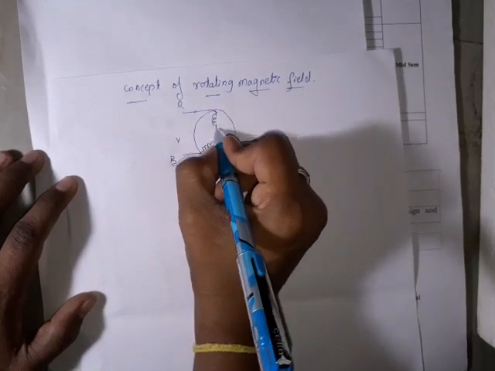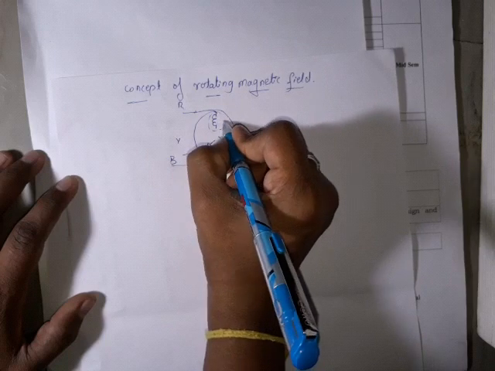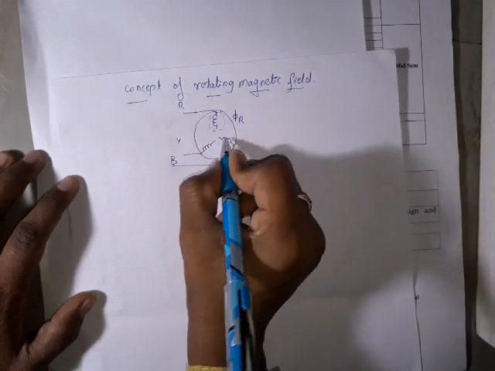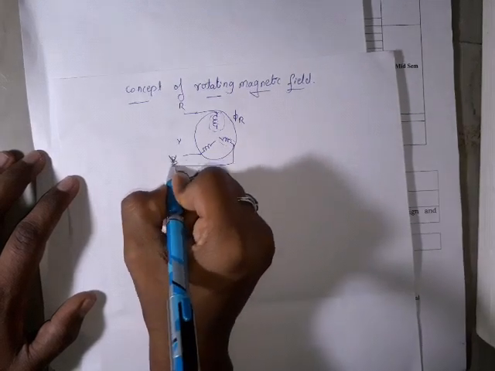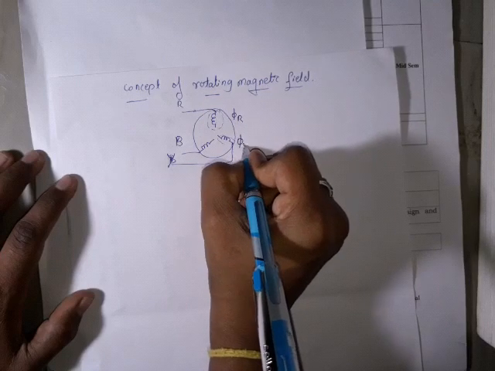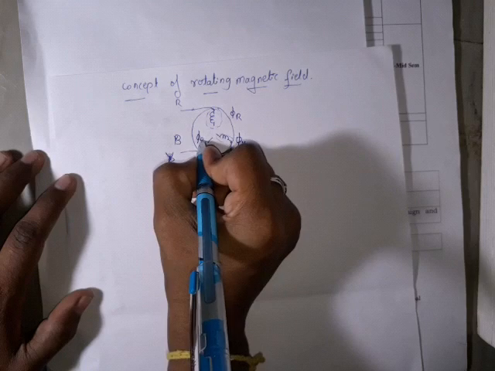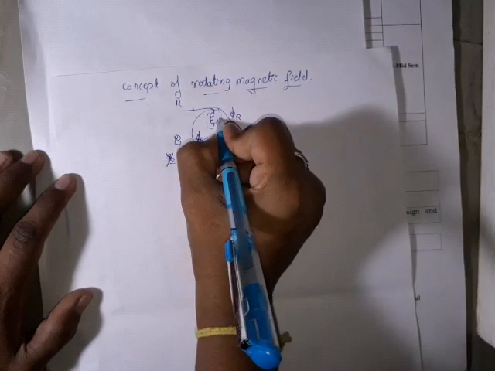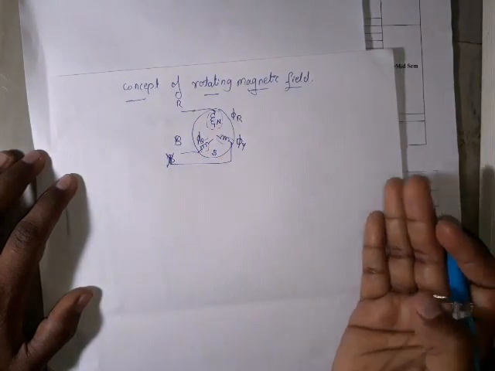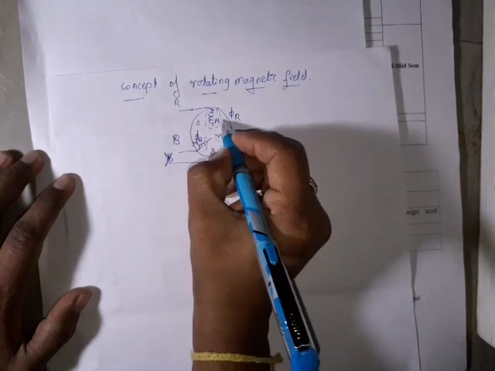Phase R is going to produce a flux. Let me call this flux phi R. Let me call the other phases Y and B. So this is phi Y, the flux produced by winding Y, and phi B flux. This is north pole, south pole, and the supply is also 120 degree apart, so it produces the flux like this.